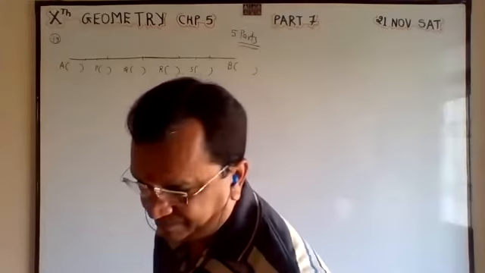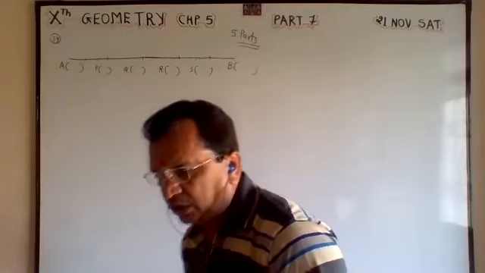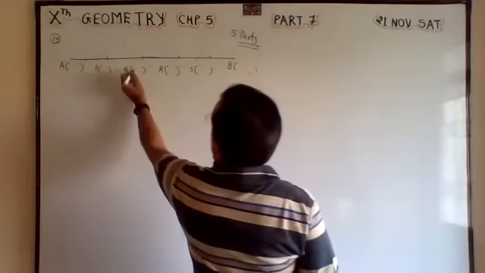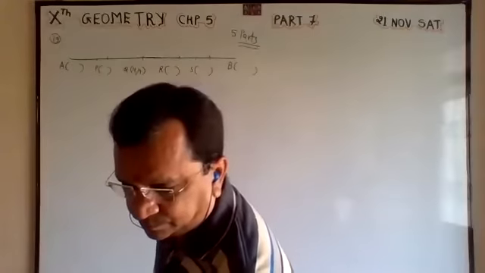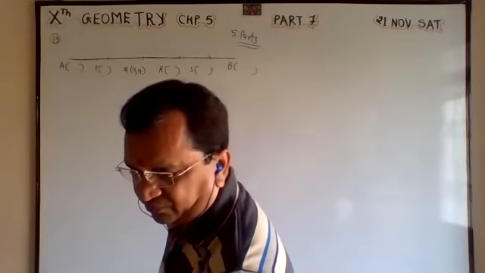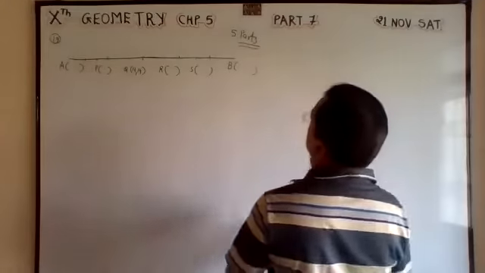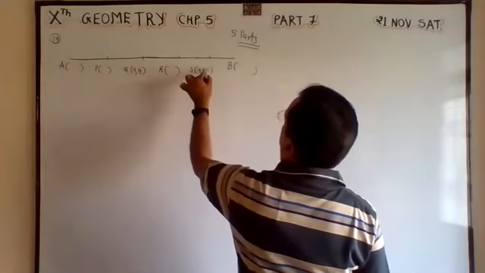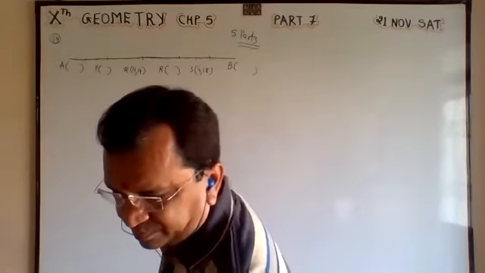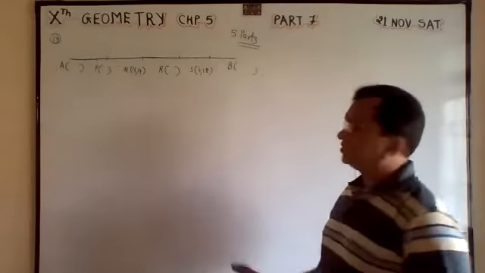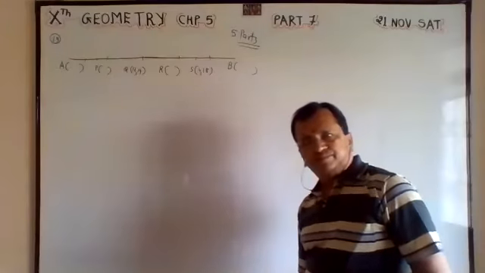Which are given: Q is 12, 14. S is 4, 18. That much is given. Rest of all we have to find out.